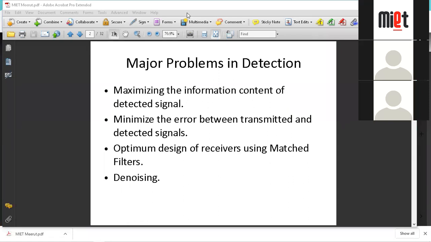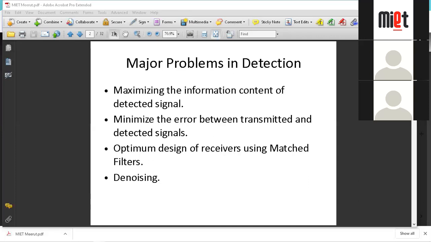So minimizing the error between transmitted and detected signals is another big issue. How can we minimize the error? When the signals are random, it is the probability of error that we can try to understand.